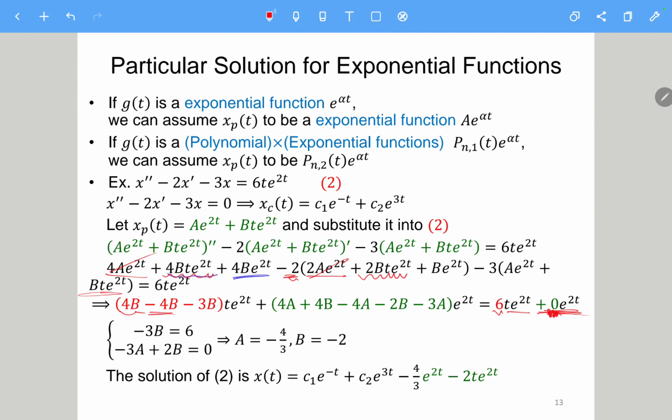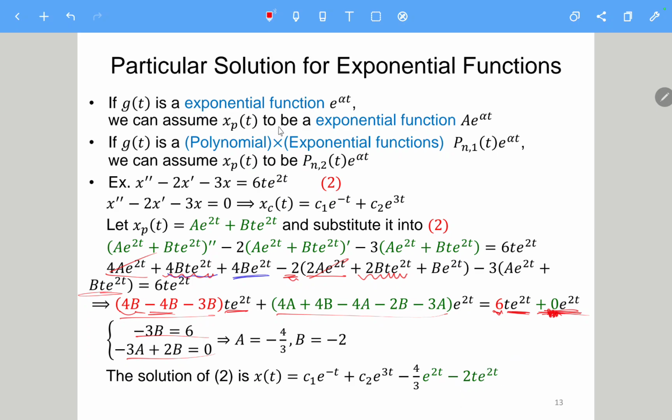For this one, 6 equals this one, so we get the first equation. And for this one equal to 0, we get the second equation. So here we still have two equations with two unknowns, and then we can solve for a and b. Then we just plug them back to here, and finally the complete solution is the homogeneous solution plus the particular solution.